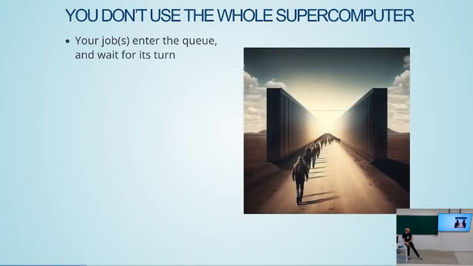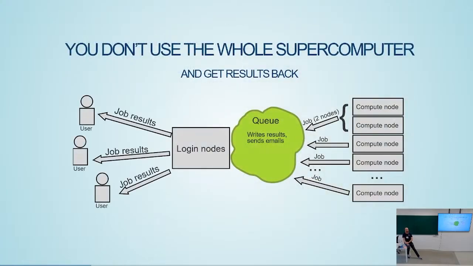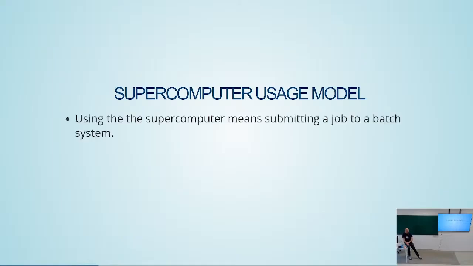Again, you ask for resources, it enters a queue. When the resources are available for you, the job runs, and then it sends the results back to you. It's not like you're seeing things happening on your screen right away. This confuses people when they are doing things for the first time on a supercomputer, because they expect the same that you have on your laptop. So it's really this.